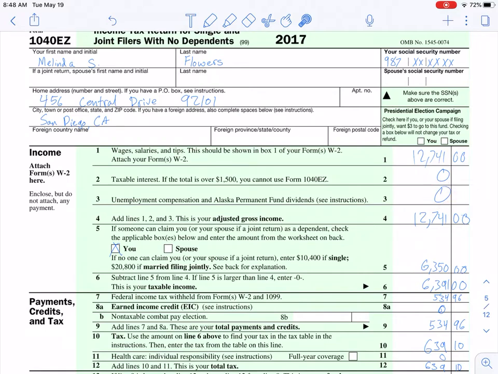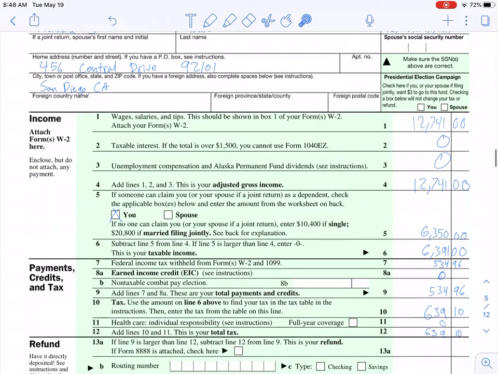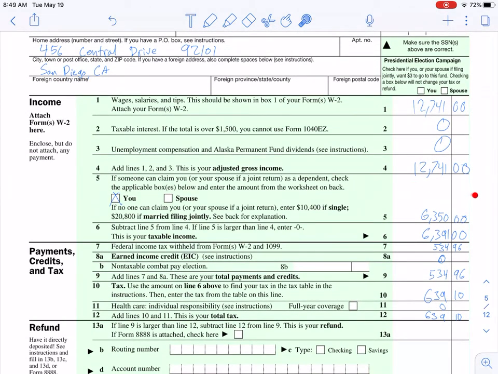Unemployment compensation, same. So her adjusted gross income, these would be other kinds of income areas that would add to this amount to give us our total gross income. In this case, it's just the amount that she had.